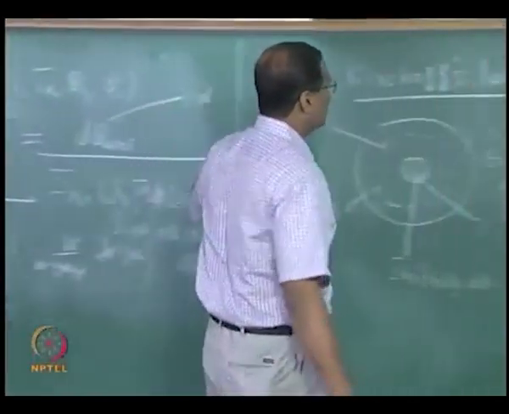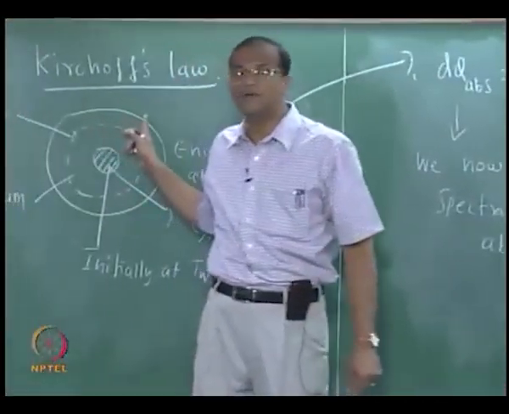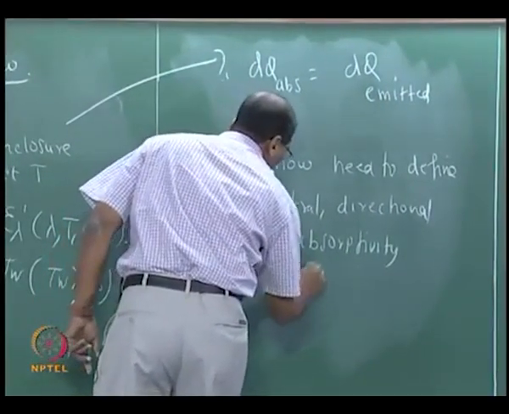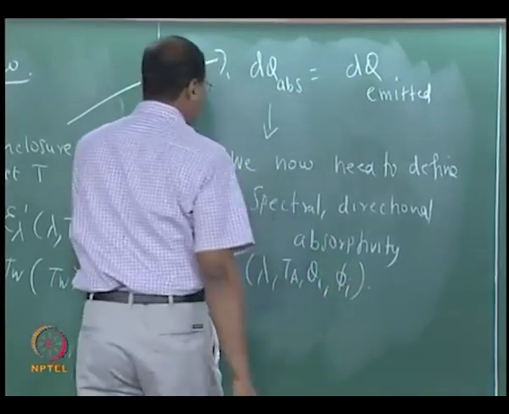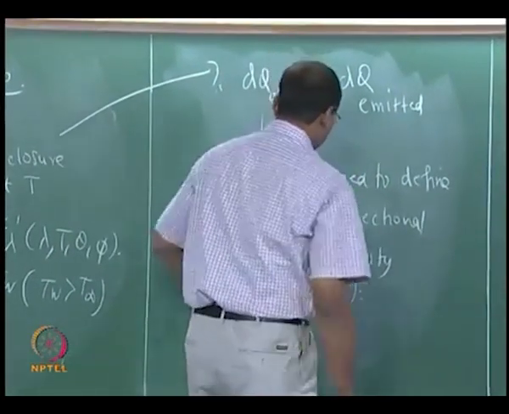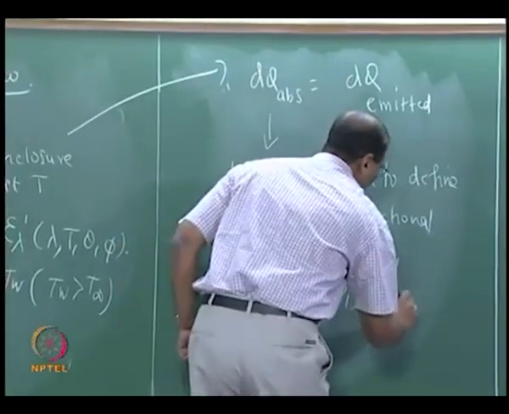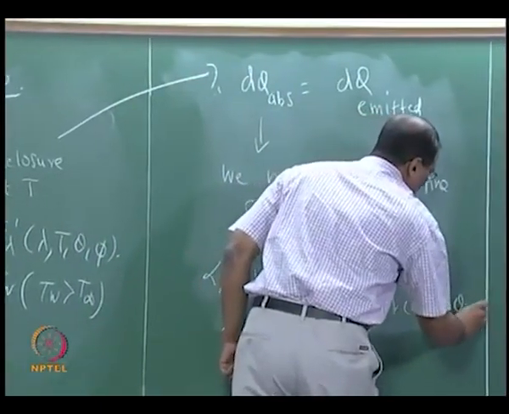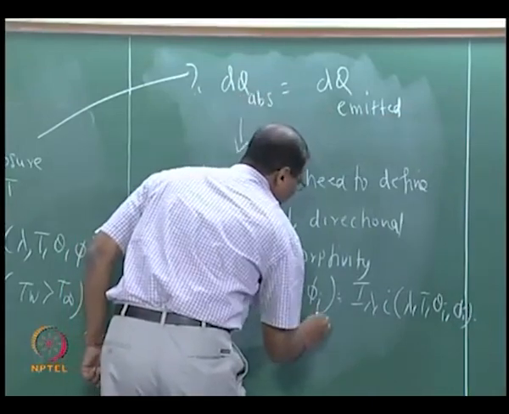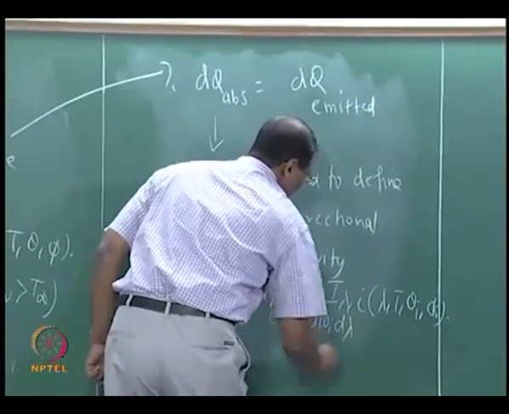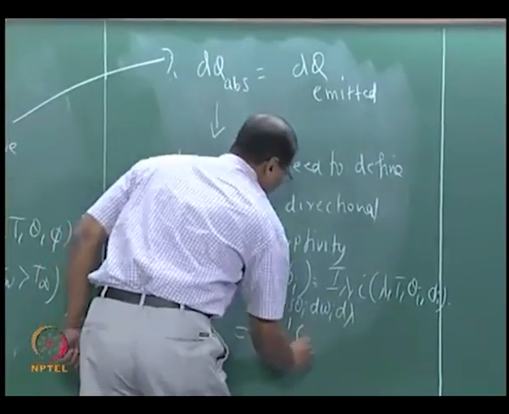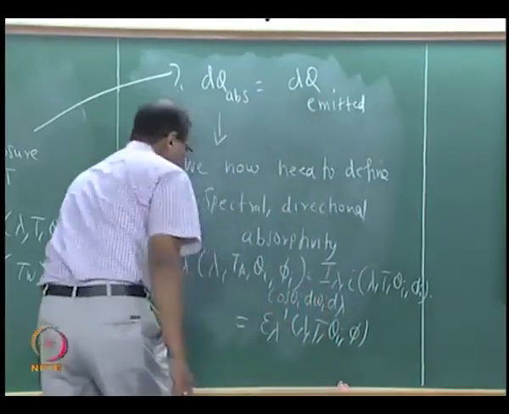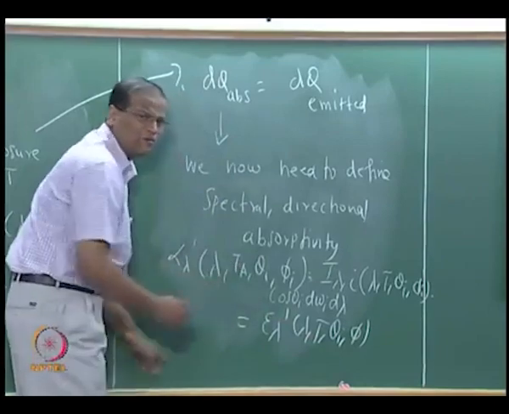Now, using these arguments for the enclosure which we use for deriving the Kirchoff's law, you know that alpha lambda dash, let us ditch the dA, into I lambda, correct, I lambda theta, cos theta, I will put d omega I, d lambda is equal to this T and this T, what is the problem now?